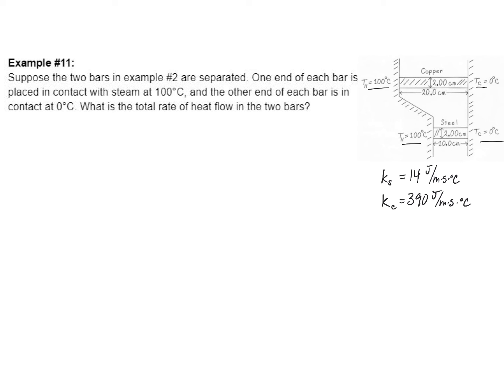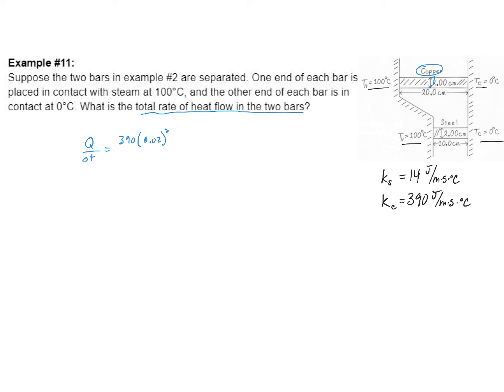So now we should be in a good position to answer the question of the total rate of heat flow in the two bars. So we're going to find them individually. We're going to do the copper first. We're going to do Q over delta T. That is going to be equal to, remember our equation is K. So we're going to do the copper, that's up top first. So the K is 390, times the cross-sectional area, which is still that 2 centimeter square, 0.02 squared.